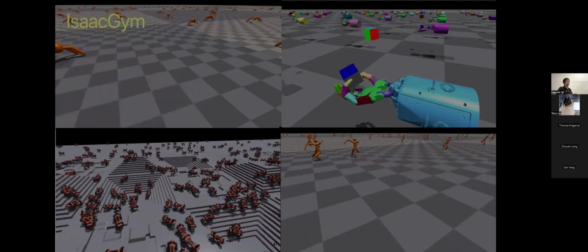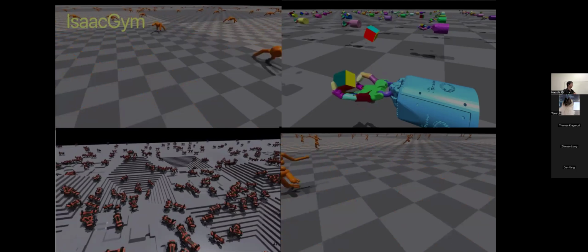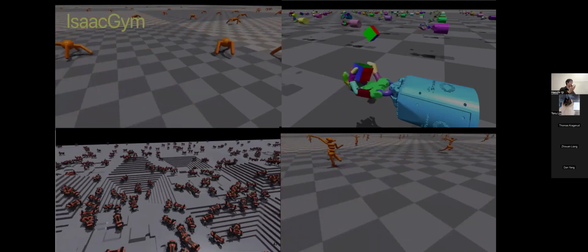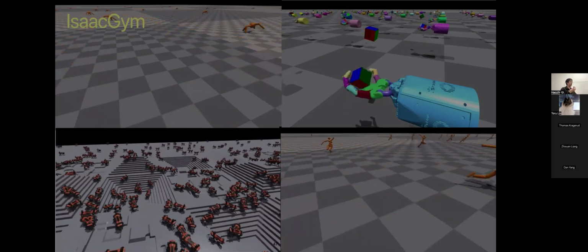But for physics simulations, sometimes to resolve contacts you also need higher precision, which might be a reason that you find some unrealistic behaviors in Isaac Gym that will not appear in some CPU counterparts.